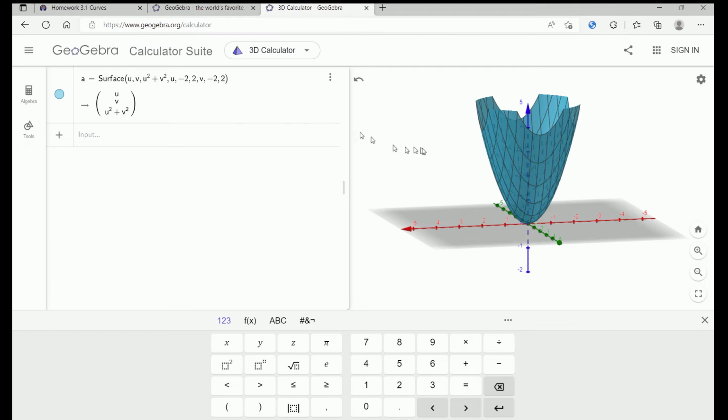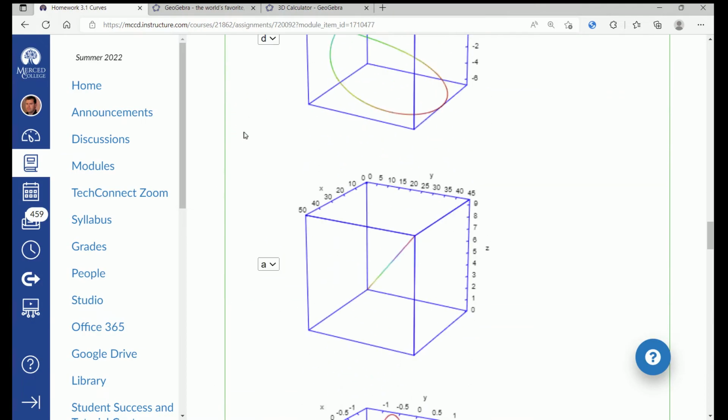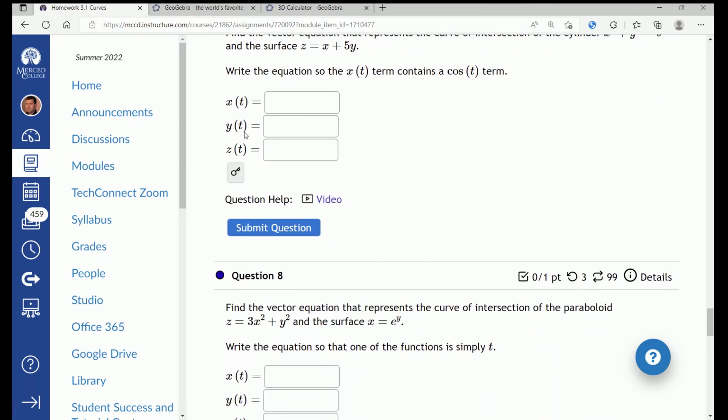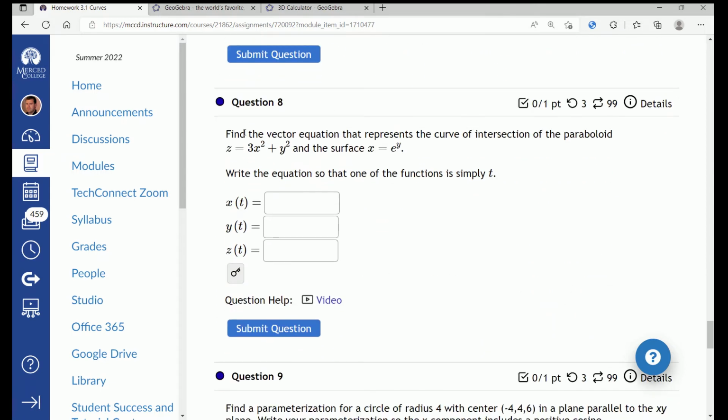Okay, so let's look here, just to go to the bottom. I'm going to get a problem off of this list here. Yeah, let's look at question 8. So people have asked me how to do question 8 and 7 and 9 as well, but I want to specifically talk about it.